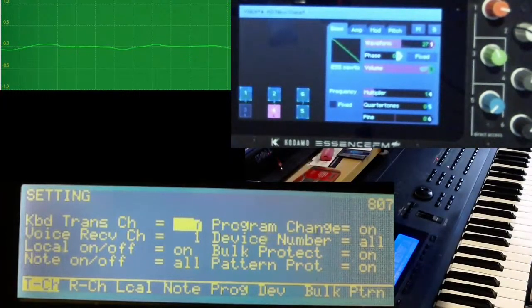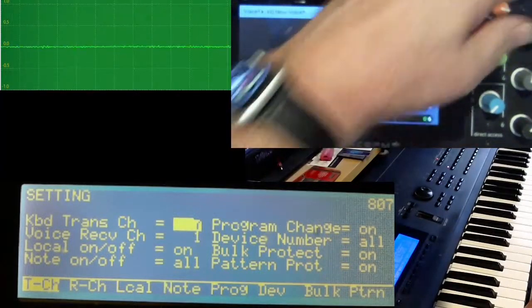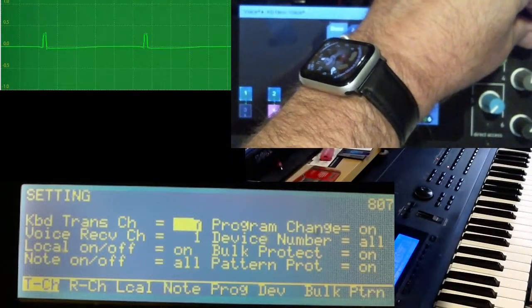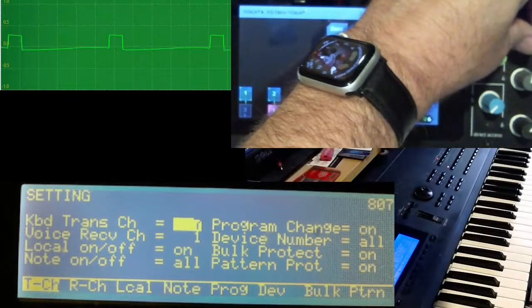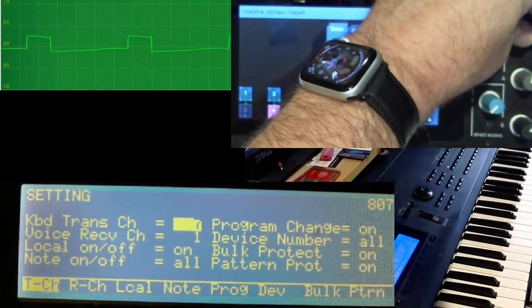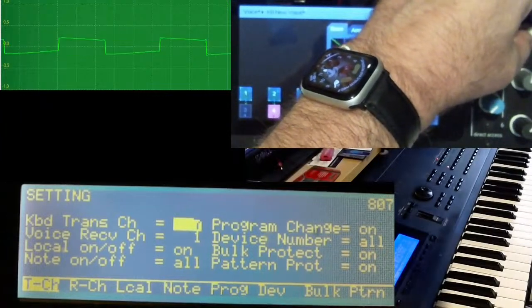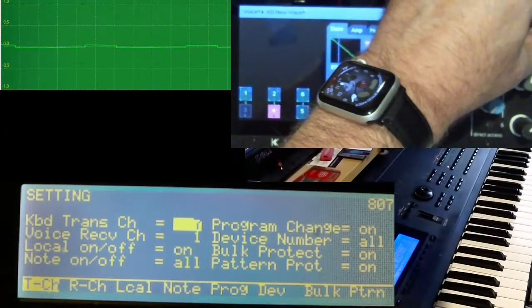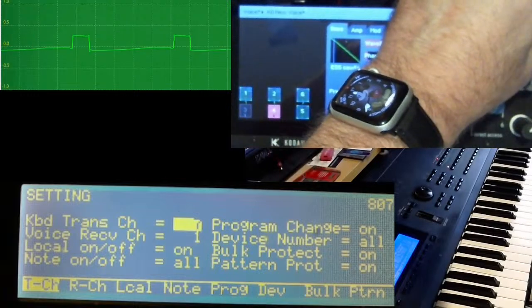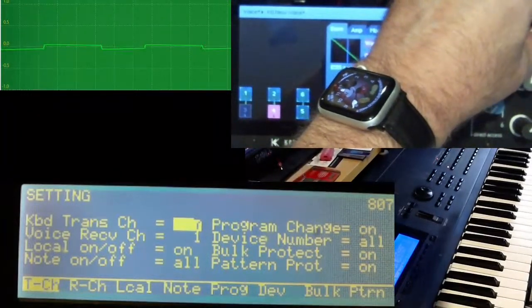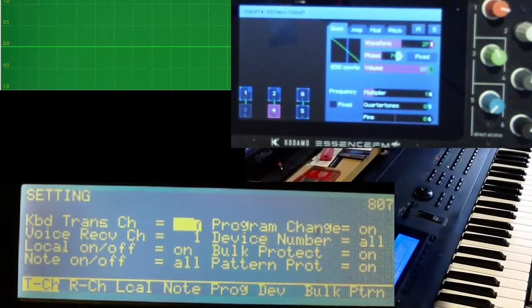So now, mixed together, we have our null. So now we're going to offset the phase of one against the other. So, cheater's way, but again, that's the exact same phenomenon.